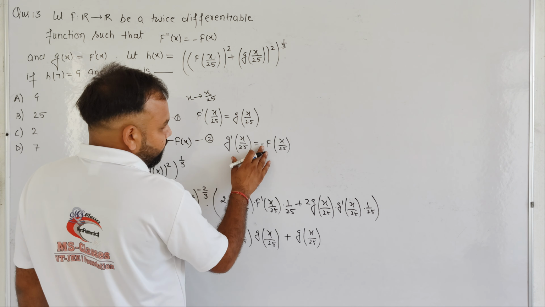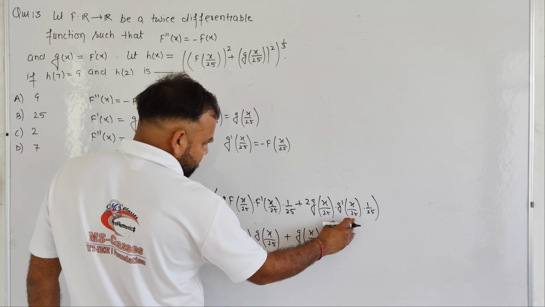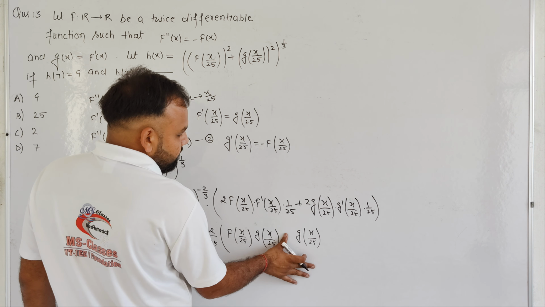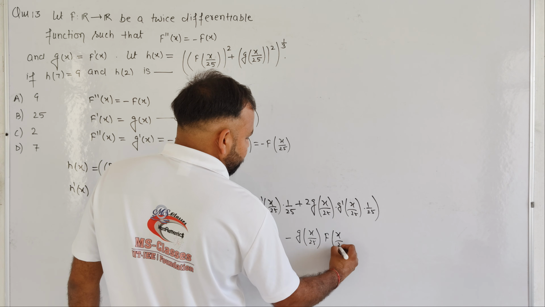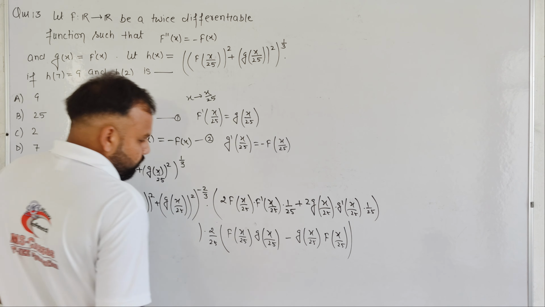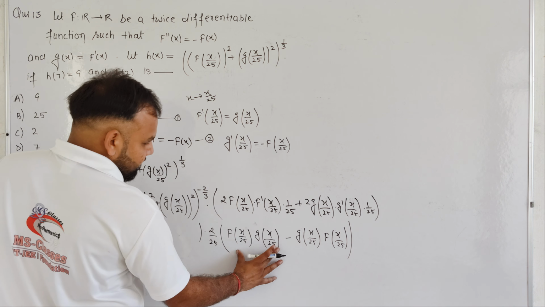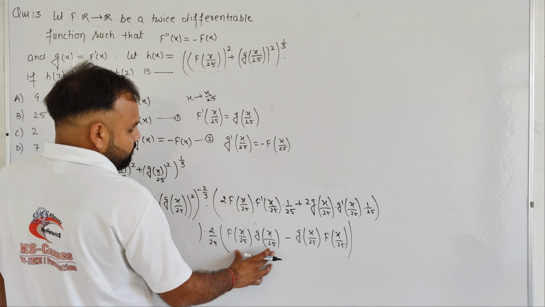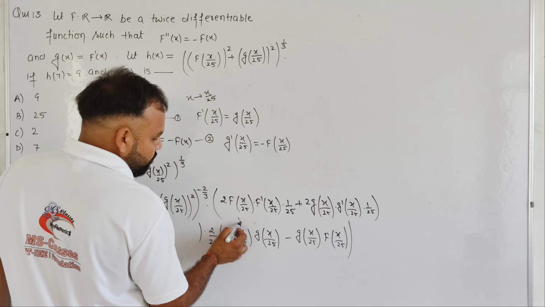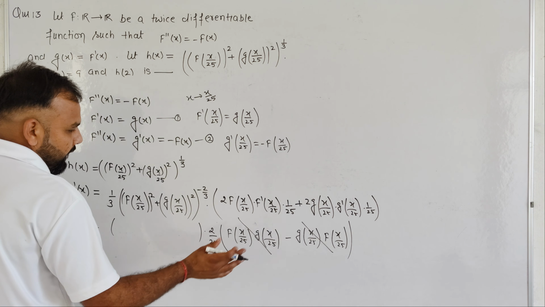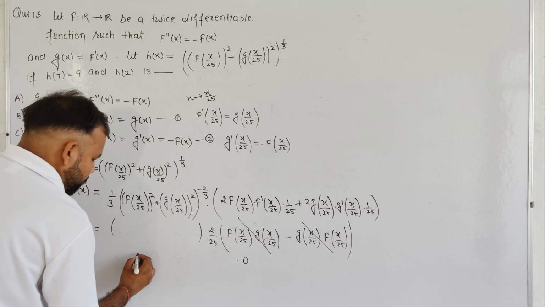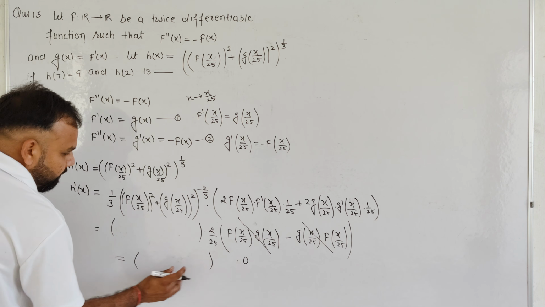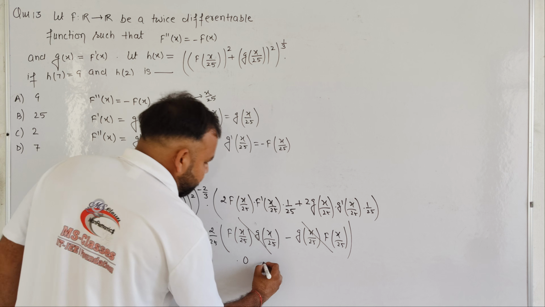So if we put down the value of this, plus is changed into minus, and it will become f of x upon 25. Student, you can see both the things are the same, and there is a plus symbol and a minus symbol, so both the things cancel out and it will become 0. If this is 0, then 0 multiplied by the whole thing will become 0.